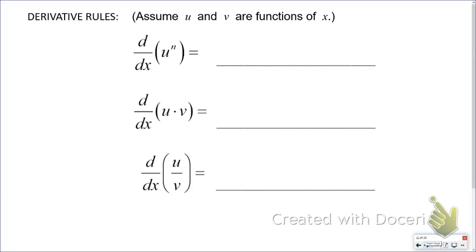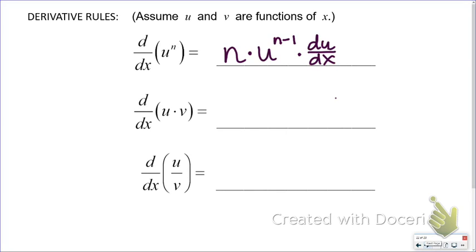If I were going to take the derivative of this with respect to x, you multiply your answer by the exponent, and then you have u to the n minus 1, and then because of the chain rule, don't forget, if u is a function of x, you're going to need the derivative of u with respect to x.